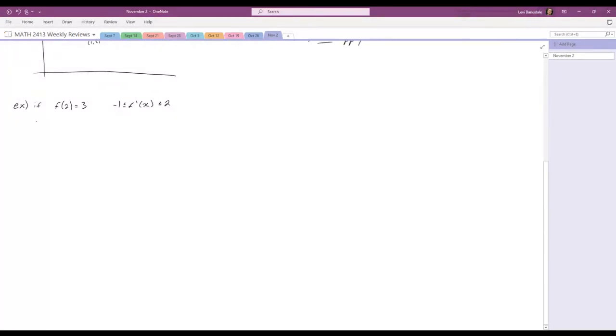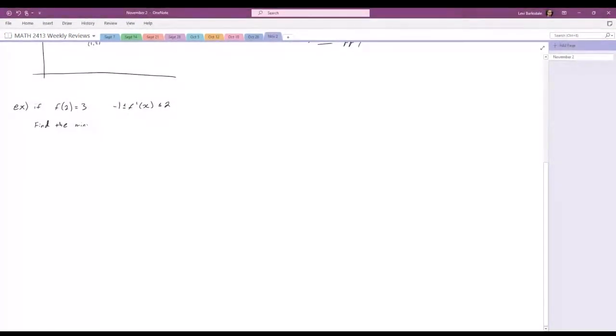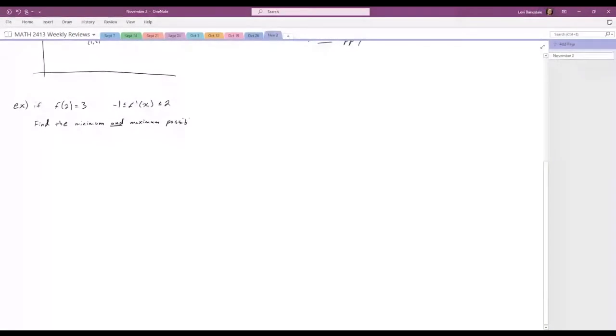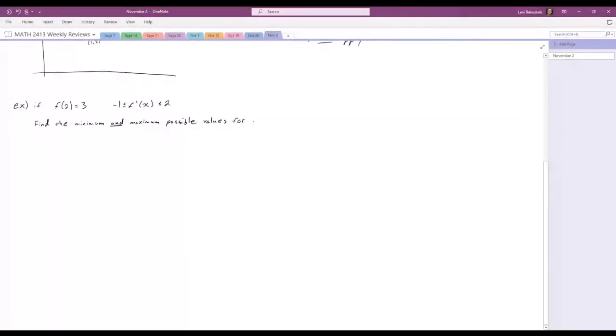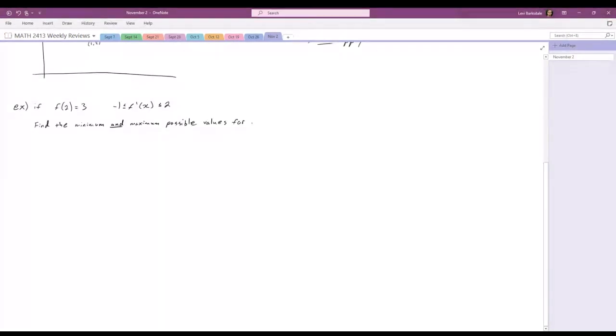Now the question is, find the minimum and maximum values of f of 5.